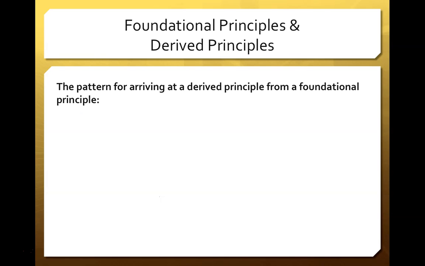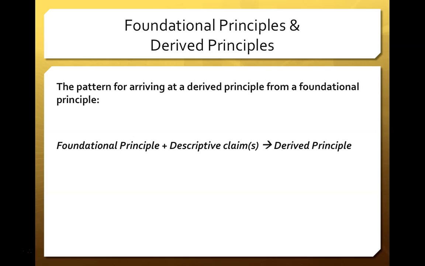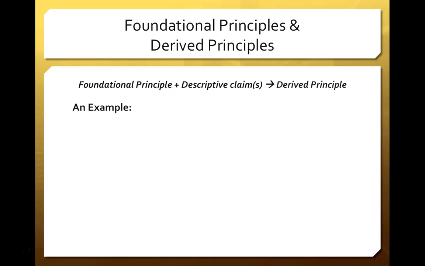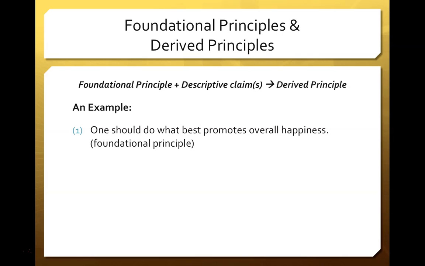All right. Now, how do we move from a foundational principle to a derived principle? Well, we're going to use a pattern that's very similar to our pattern of moral reasoning. We start with a foundational principle, we add a descriptive claim, and we end up at a derived principle. So here's an example of how this works.